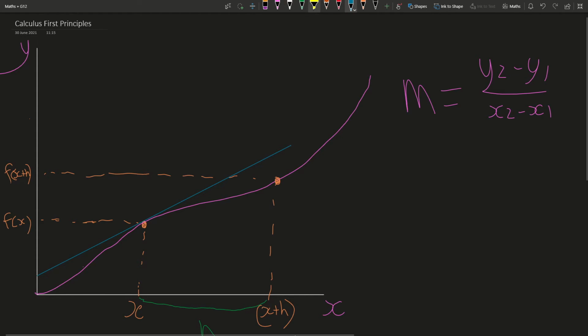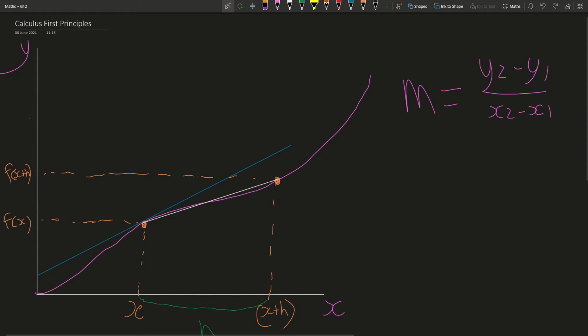We're going to make a line between x and x plus h. So we draw that line now, and we've got a perfectly straight line like that between x and x plus h. Is it exactly the same as the blue line? Is it the same as the line we want to find? Not really, no. It's a bit off.